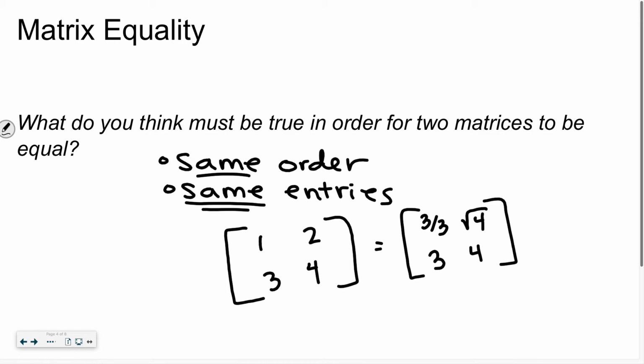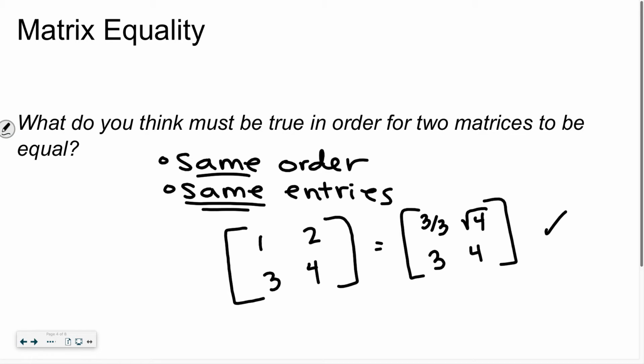Are those equal matrices? Yeah, because they're the same order, and while the entries look different, the entries still have the same values. So yeah, those would be equal matrices.